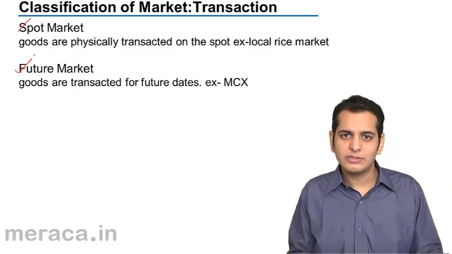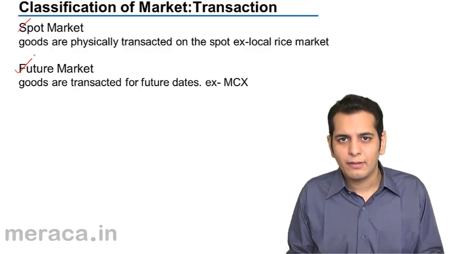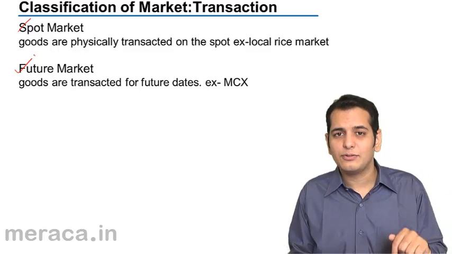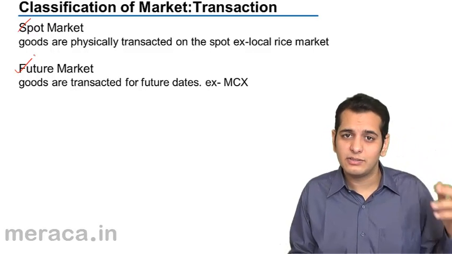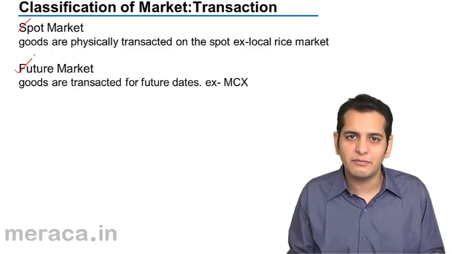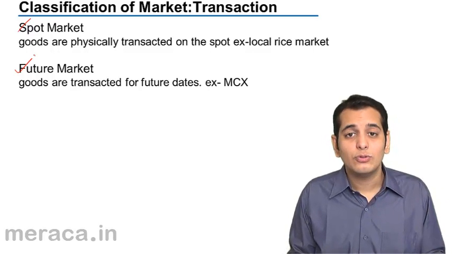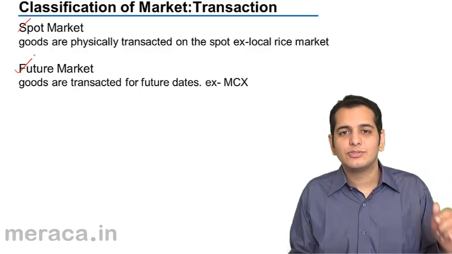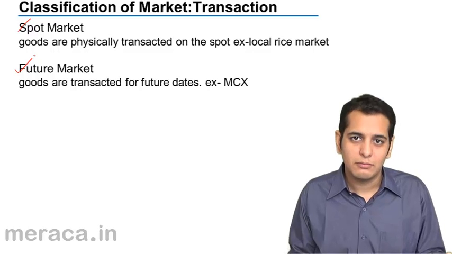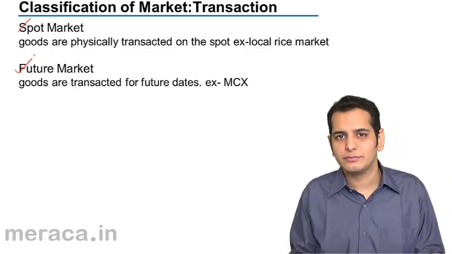That means if you purchase Reliance today, you'll have to pay 2000. But if you transact today for purchasing Reliance, let's say 3 months hence or 6 months hence, you'll have to pay 2500. So when will you get the shares of Reliance? You'll get them after 3 months or 6 months. But you are transacting today for it.